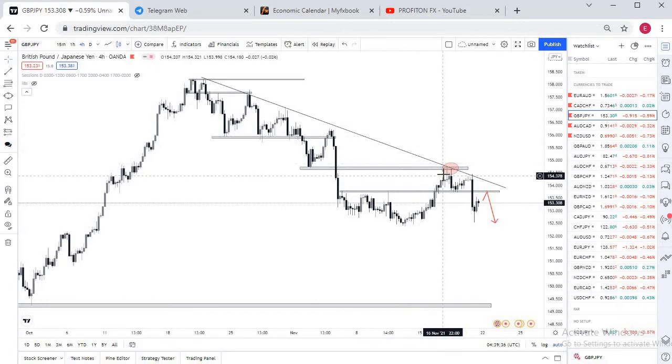However, I was not able to get in on this trade because I was not convinced enough that this setup would work, especially because price, after breaking this level here, took its sweet time. It took a lot of time before we were able to have a retest.